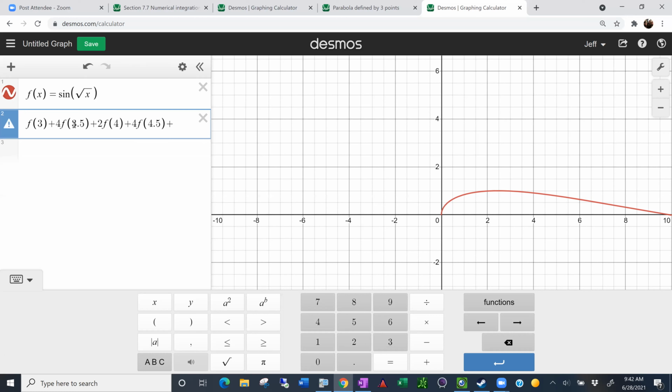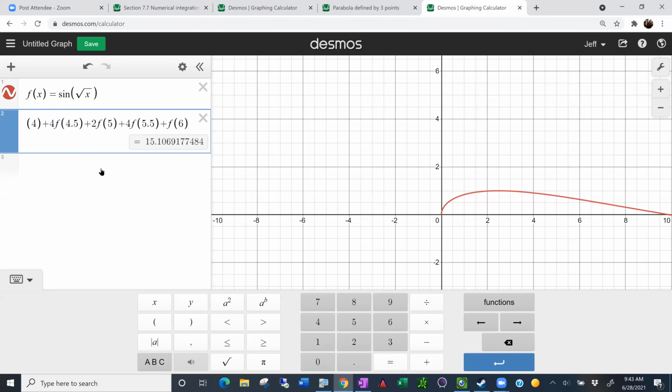And I think I'm liking this a little bit more than doing it on the graphing calculator. f of 5, and just 2 more, 4 times f of 5.5, and then f of 6. Yay. Now that's almost what we need.